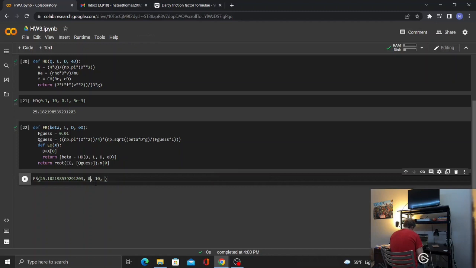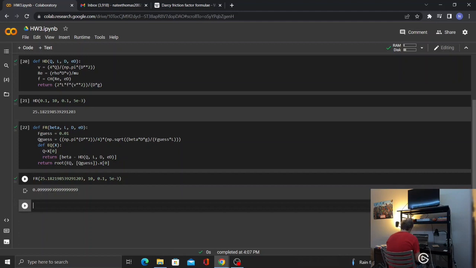So this should be actually 10, and then 0.1, and 5e to the negative 3. And when I run this, it should give us about 0.1 that we had here for the flow rate.